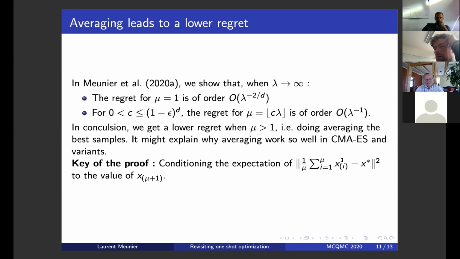But if you're far from the optimum, maybe keeping only one point will be a better strategy, because you will have a lower regret and a lower bias, but a higher variance. But when you're far from the optimum, the bias will take the lead.